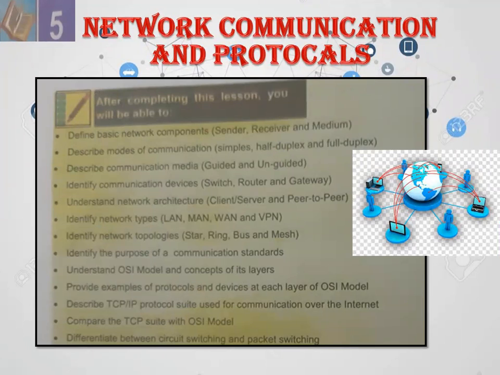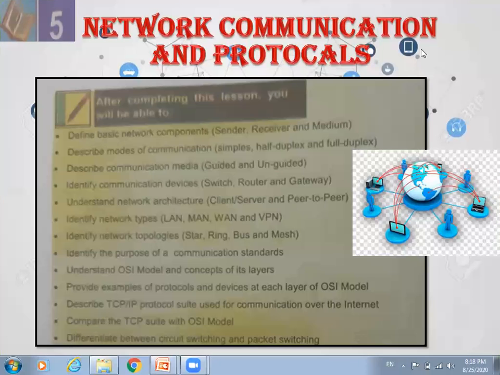After completing this lesson, you will be able to understand the following points. First of all, define basic network components: sender, receiver, and medium. Number 2, describe modes of communication: simplex, half duplex, and full duplex.